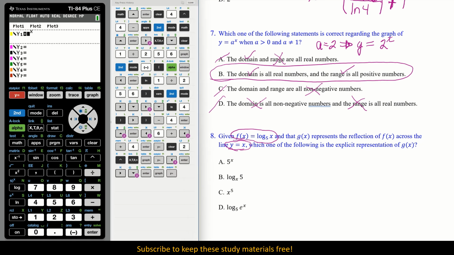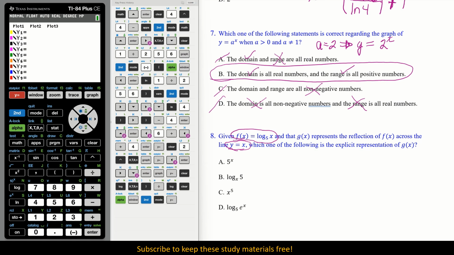Okay, so let's go back to the y equals. All right, let's clear this out. And let's put in, oh no, we can't put that in. Yeah, we would have to put that in differently. Okay. Now let's see, log. There's a couple ways we can put this in. So what we're going to do is use the alpha window option.